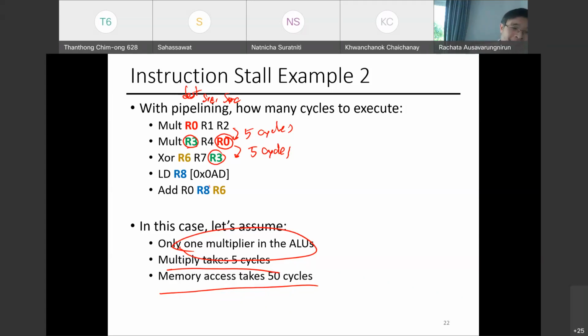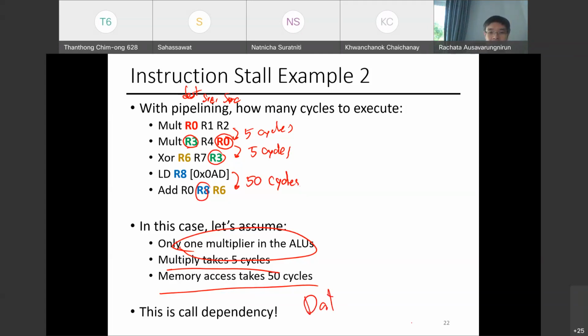And then over here, 50 cycles. Now you start to see why load and store is a pain. If you have a dependency, which is really common, you go get something in your array and you want to add one, you need to get that array data first. It takes 50 cycles, right? So this is called data dependency.